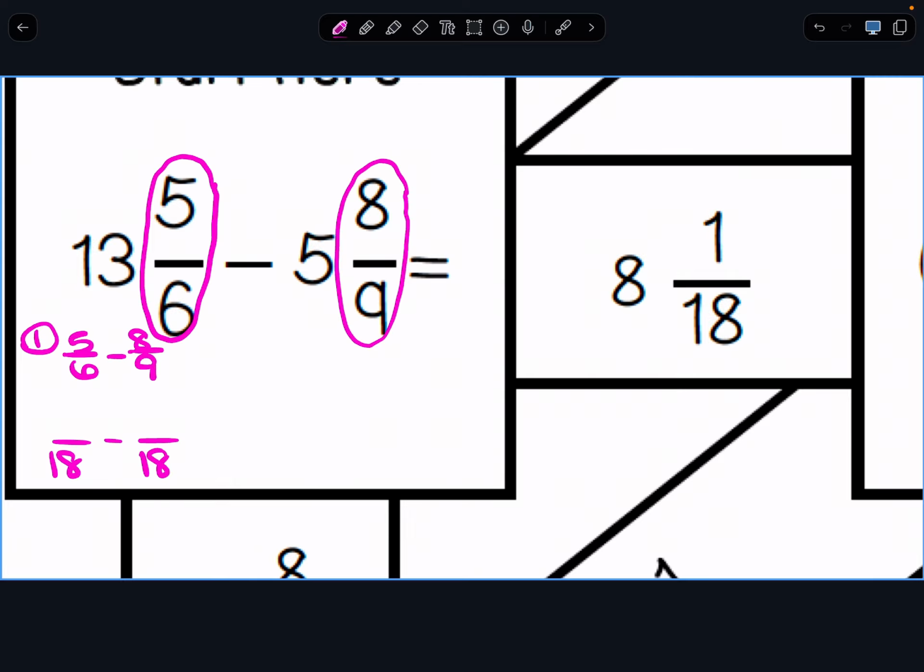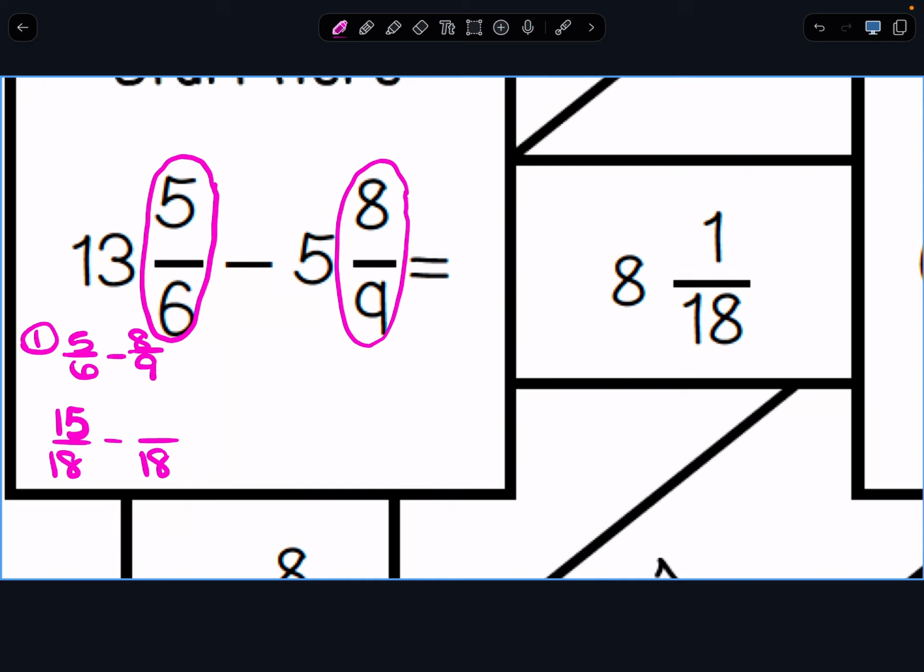Okay, and then the question is what times 6 gives me 18? 3. So I have to take my numerator and multiply it by 3. So 15 goes in the top. And then what times 9 gives me 18? 2.